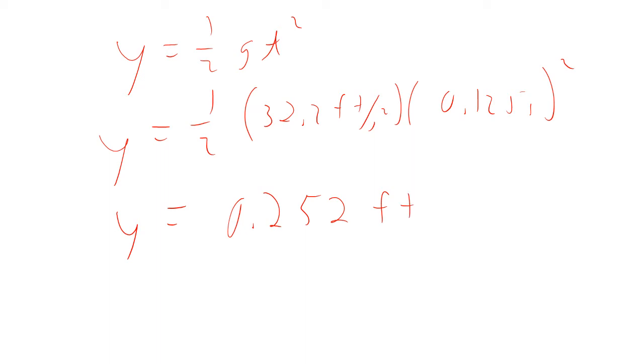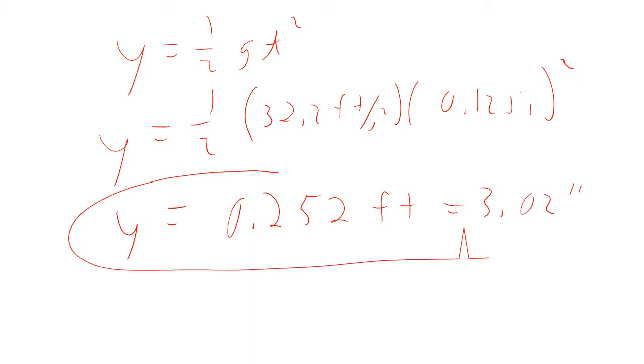How far is that? Well, that's going to be 3.02 inches. So the bullet would actually hit about 3 inches below where it was aimed, given these circumstances right here.